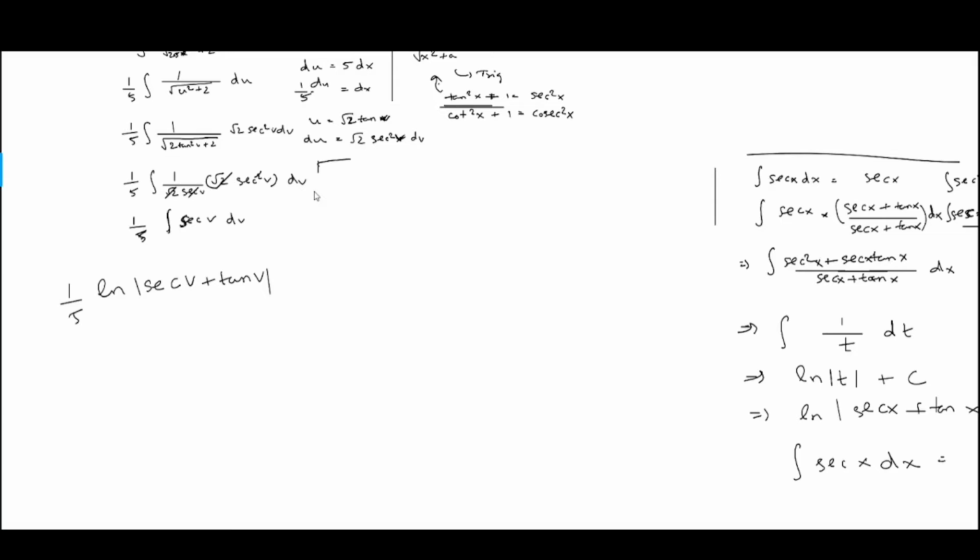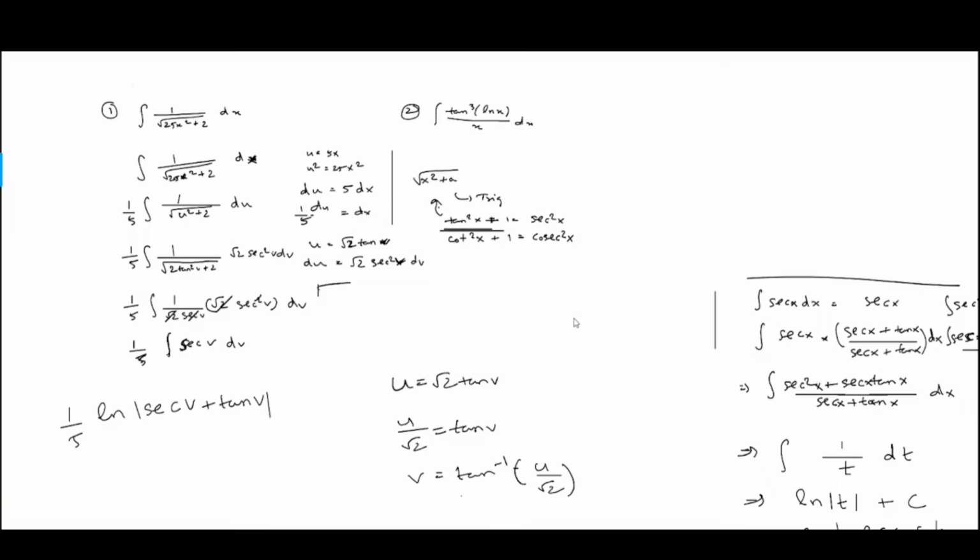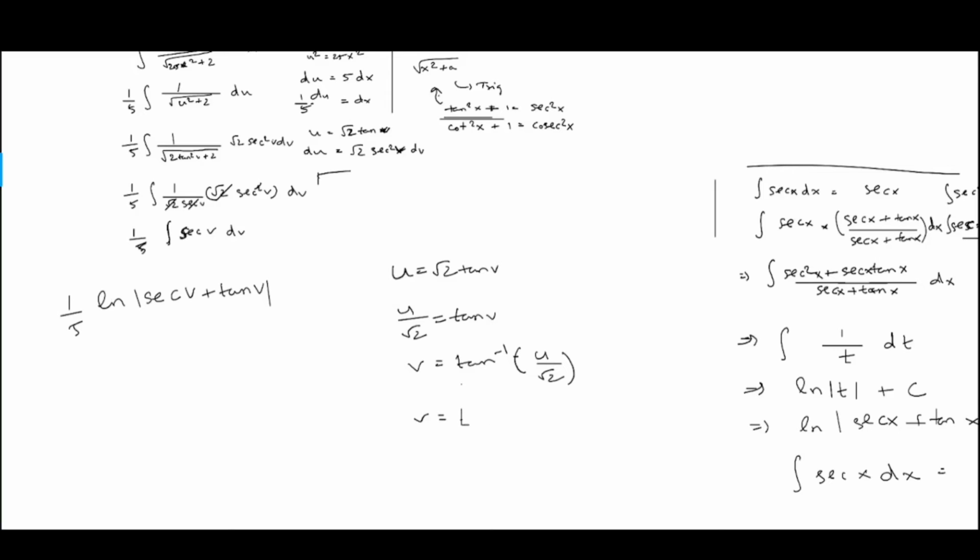What was my v? I had v equal to tan inverse of u by 3, and my u was 5x. So v is equal to tan inverse 5x by 3. And that's the substitution I should put in here.